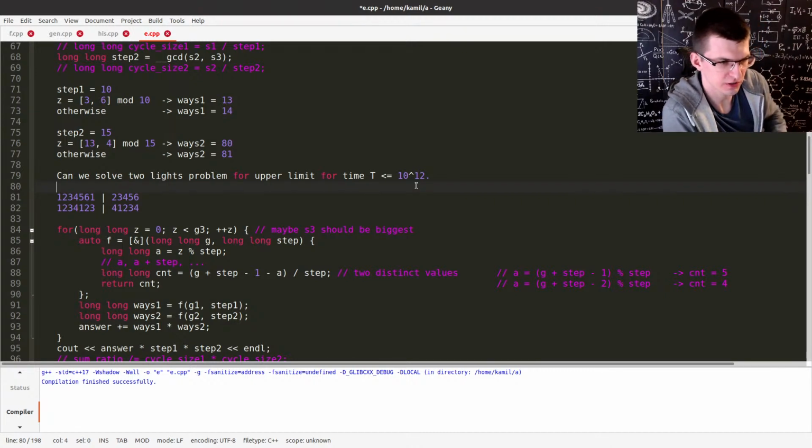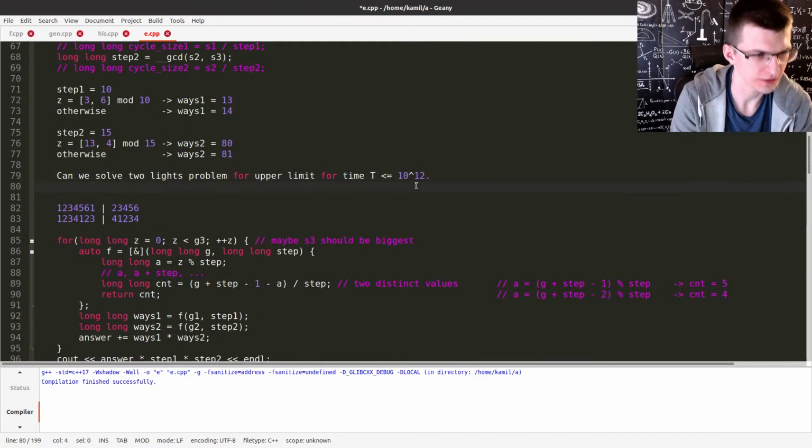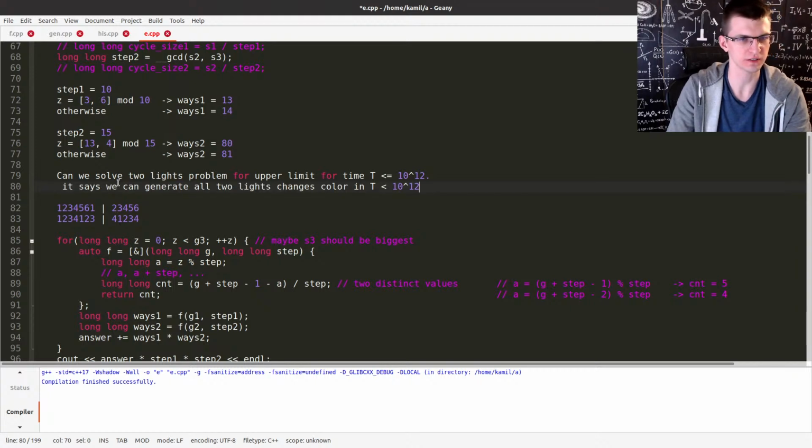It says we can generate all 2 lights change colors in... Oh, yeah. Maybe it's not that I necessarily wanted to be spoiled like that, but yeah, that's cool. I think that's the solution.